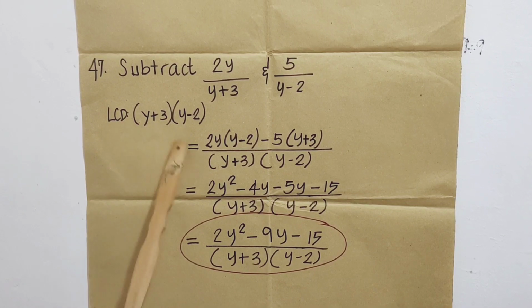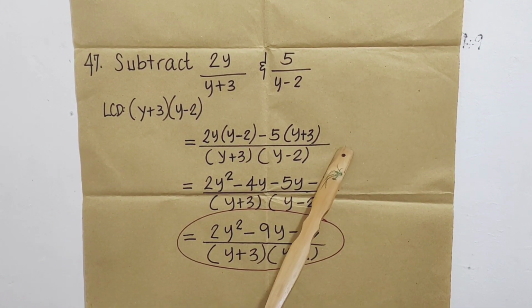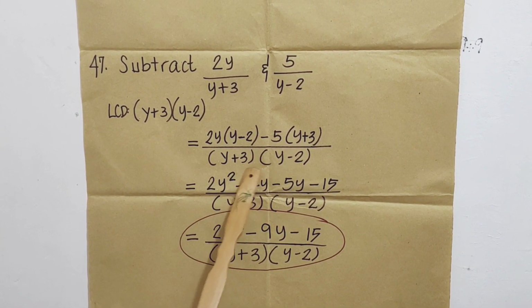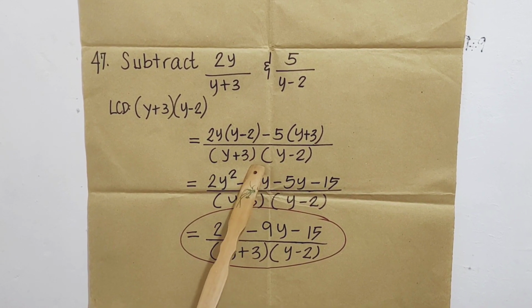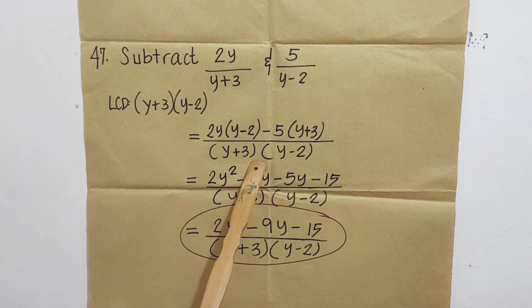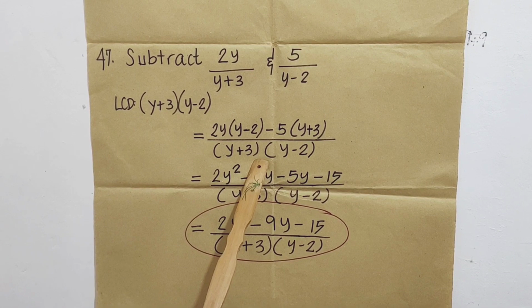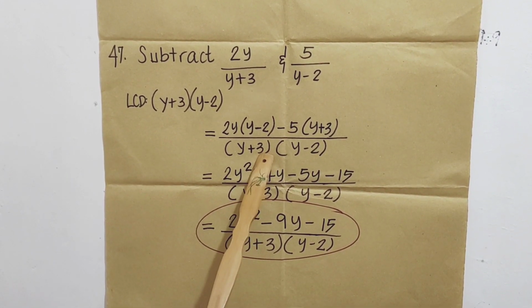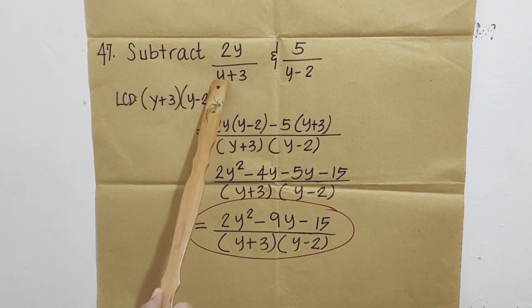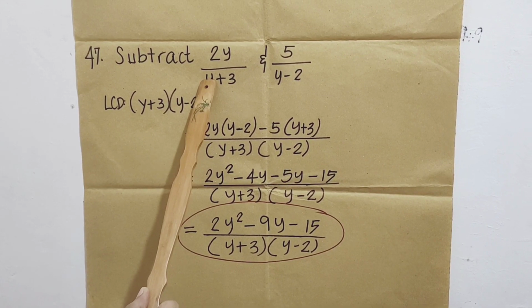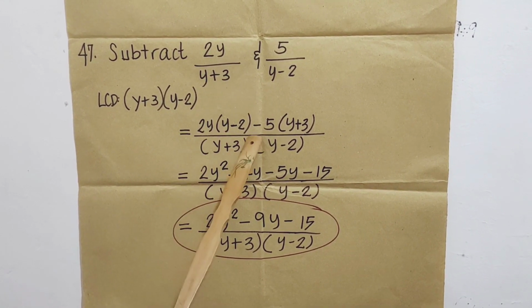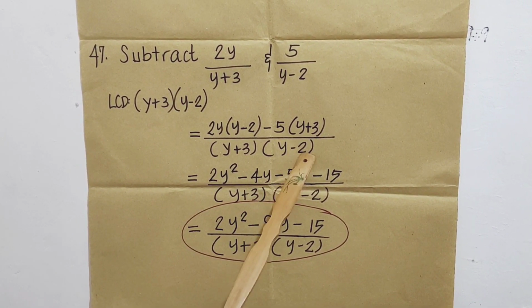Upon knowing the LCD, we draw a line, then write the LCD below the line as our denominator, and then we divide it by the denominator of the first rational expression, cancel, and the remaining is y minus 2.